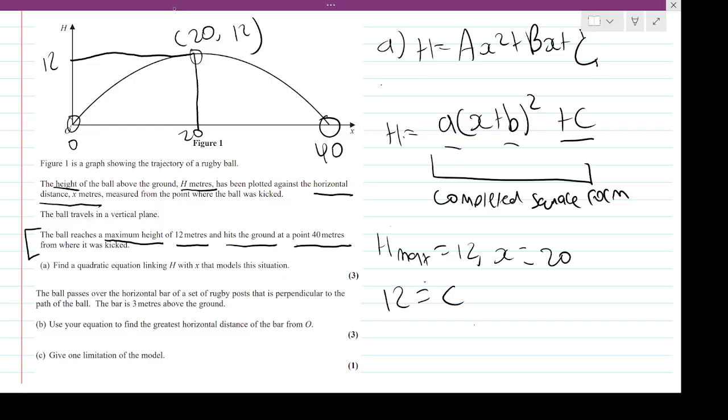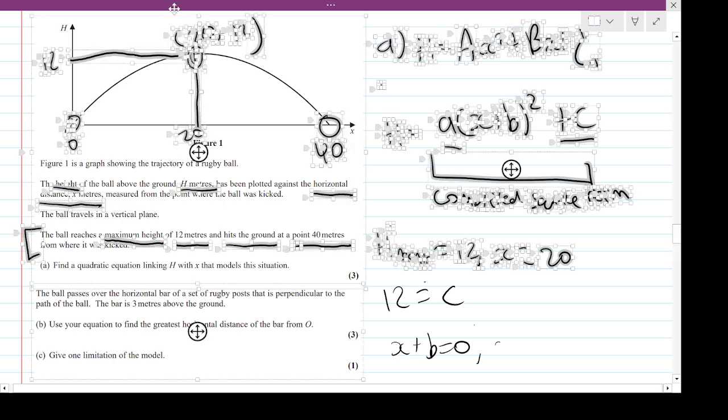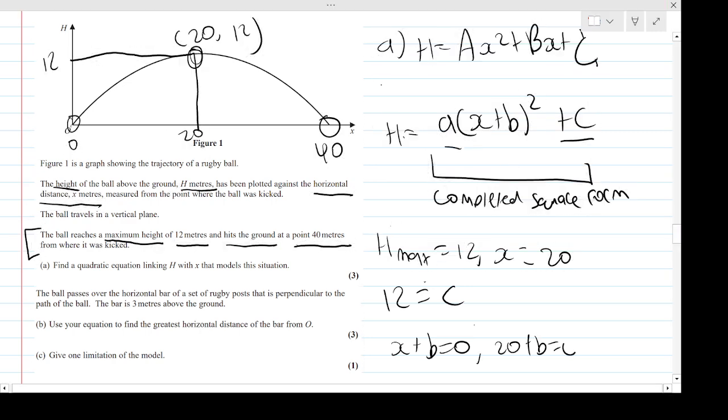But also, when the bracket equals 0, that means x plus b has to equal 0 as well. But we know the value of x at the maximum point. It's 20, right? So we can say 20 add b equals 0. So b is negative 20.